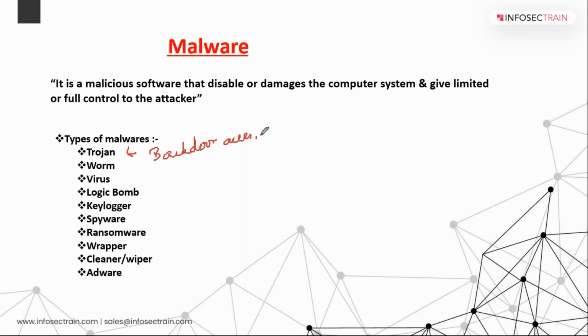And a Trojan will always be a genuine-looking file. It will look like, let's say, your Excel file or your Word file, so you cannot easily figure out whether a particular file is a Trojan or an actual file.